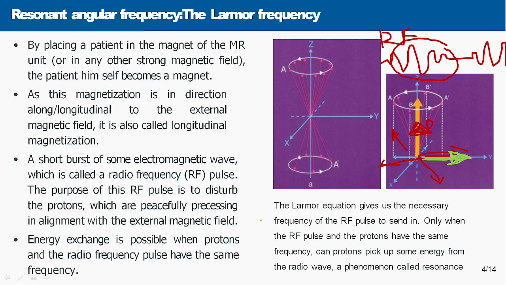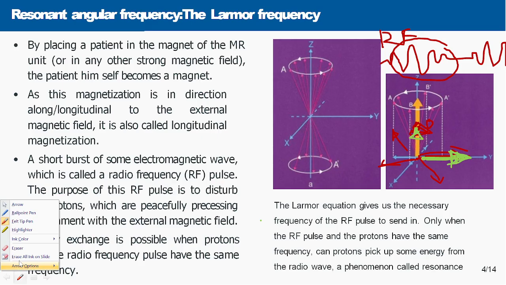So two things will happen: there is a reduction in the longitudinal magnetization strength and a development of transverse magnetization. This happens once we apply the external RF signal.